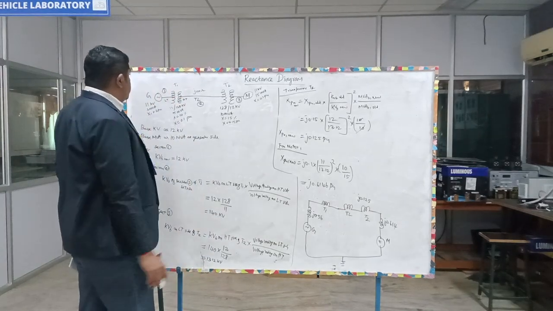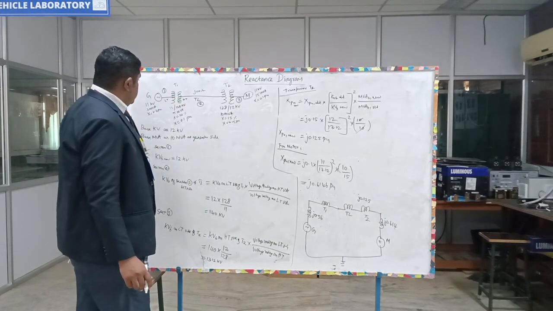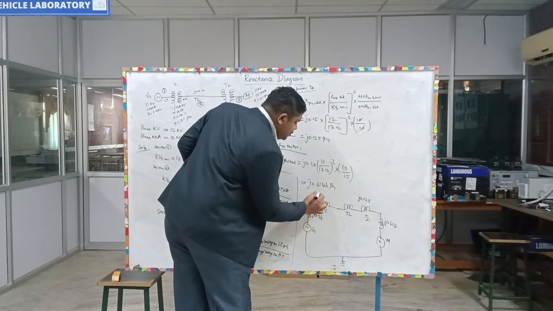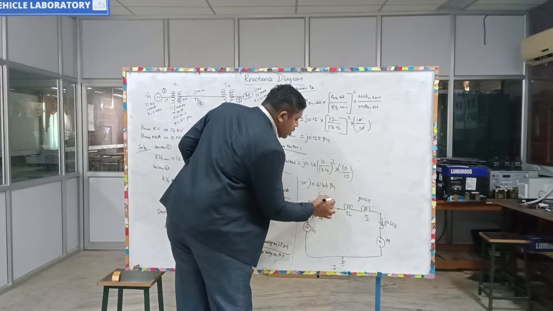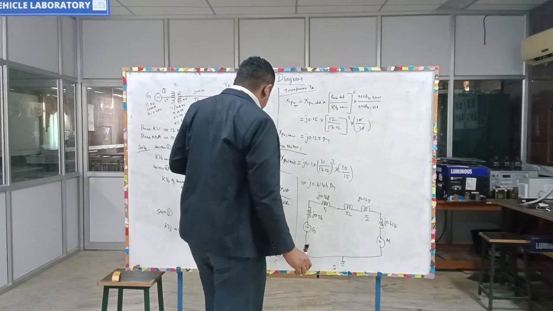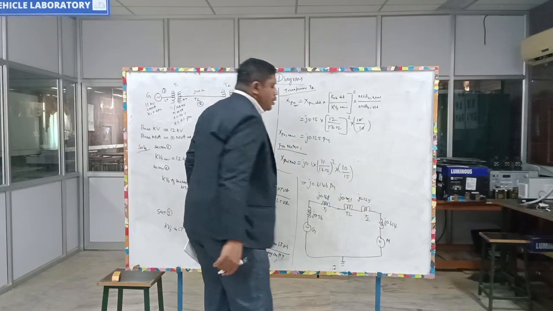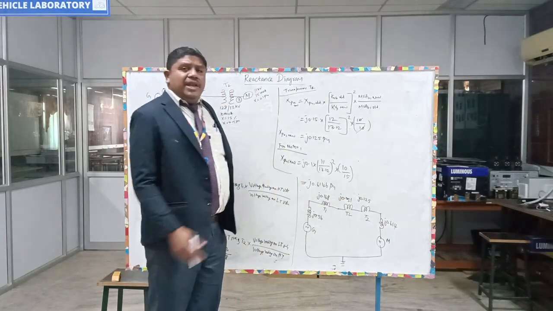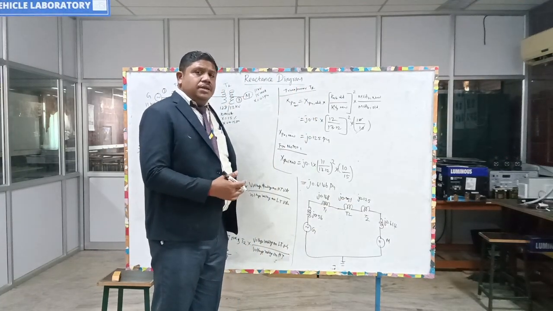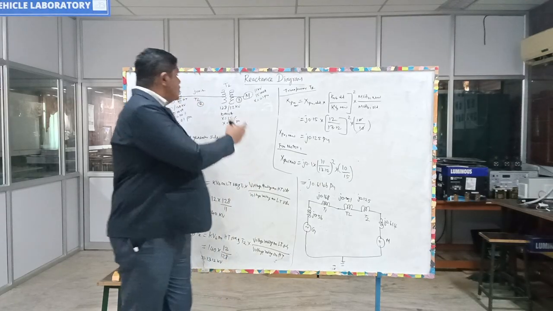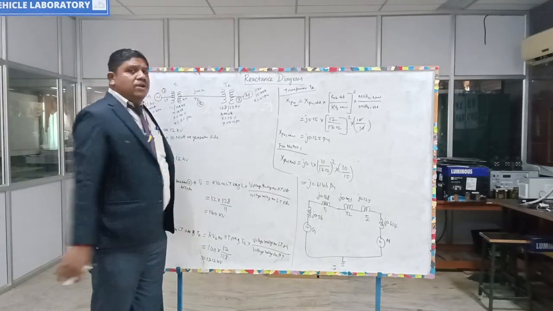Then for transformer T1 it is j0.168 per unit. Then for the transmission line it is j0.051. So this is your equivalent reactance diagram for the given network. So this is my given network and this is the equivalent reactance diagram.